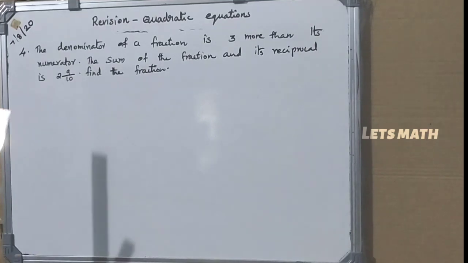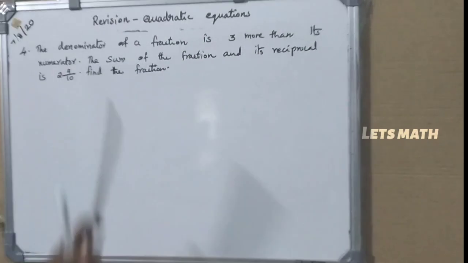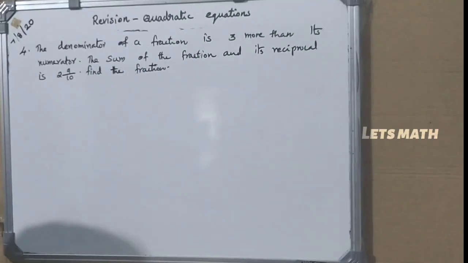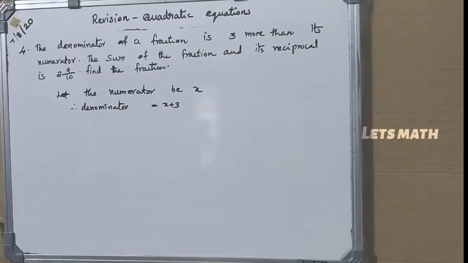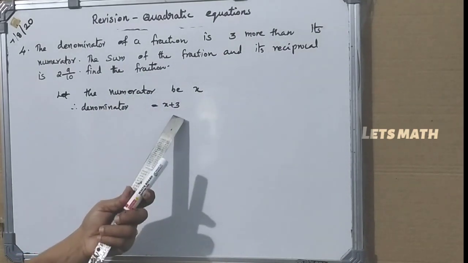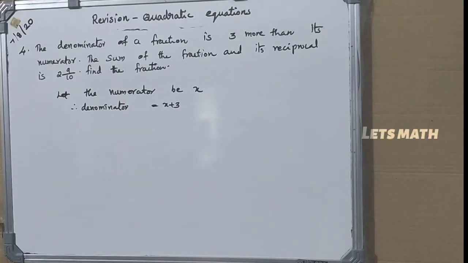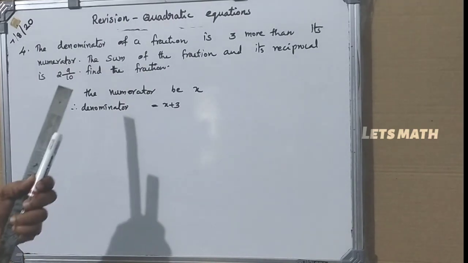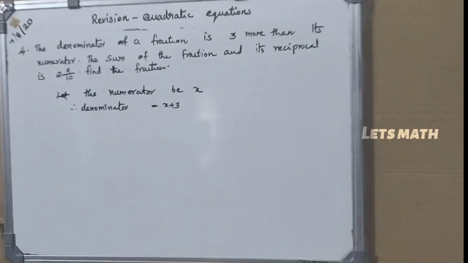So let us take the numerator as x, so that the denominator, being 3 more than the numerator, is x plus 3.